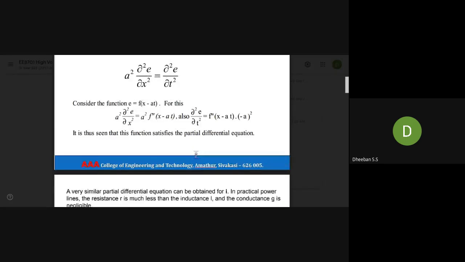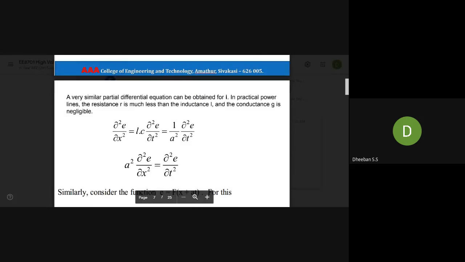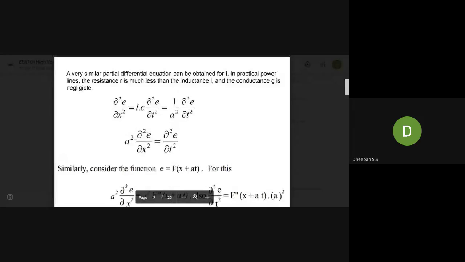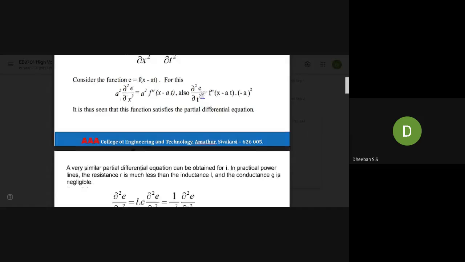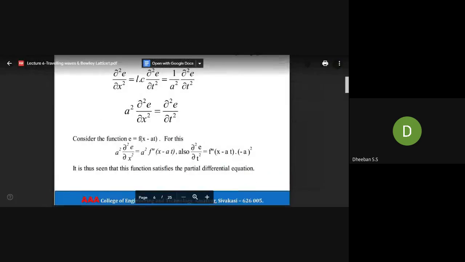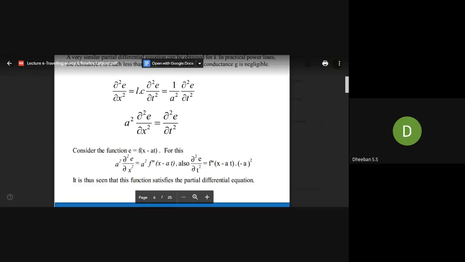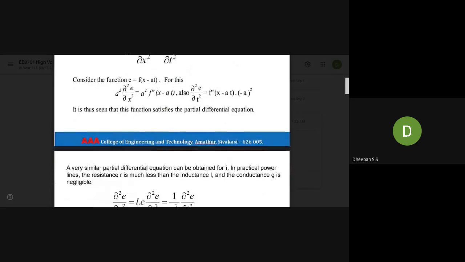There is another equation, f equal to x minus vt. With respect to the negative sign you'll get this equation, and with the positive sign you'll get this equation. Don't get confused; this is not what you have to focus on. You just have to know how these equations came along.